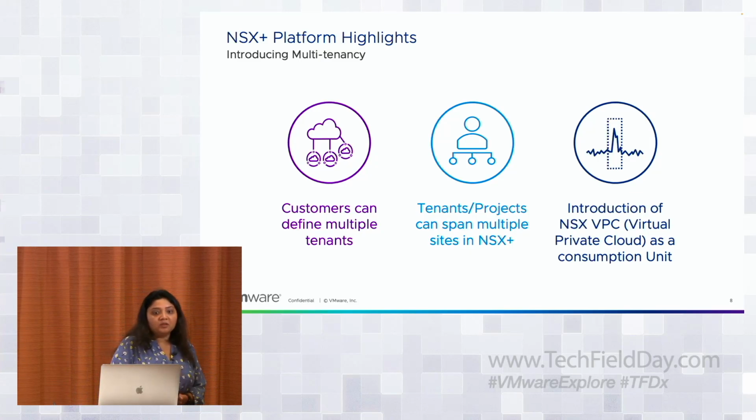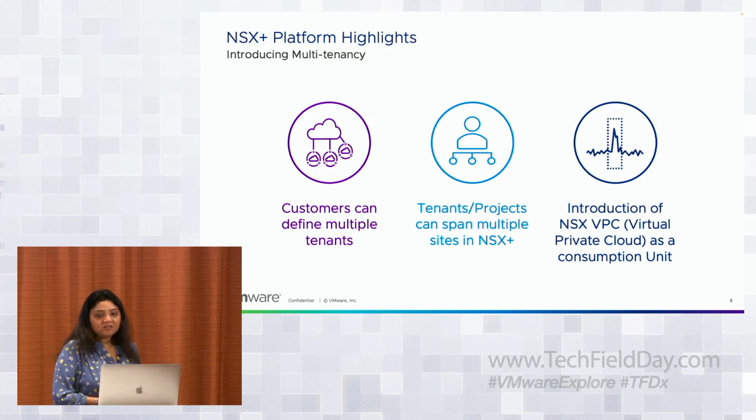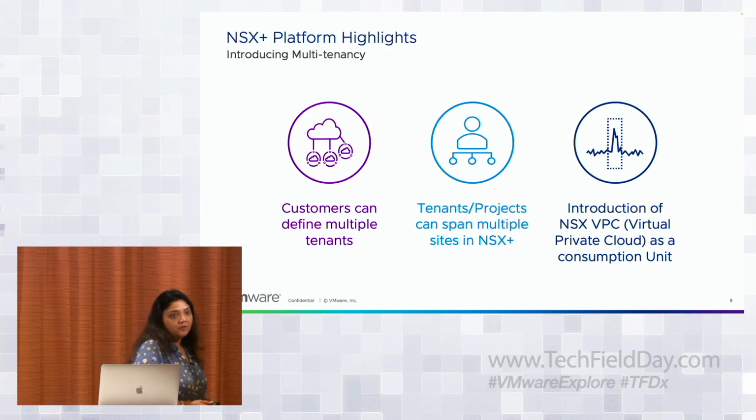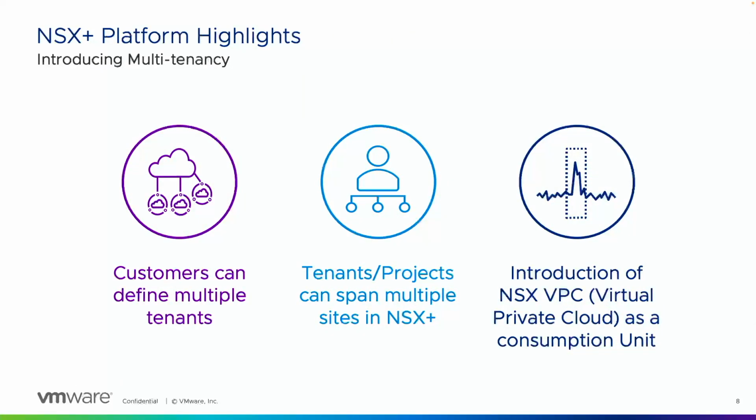So for the multi-tenancy model, we are launching 2 objects. The first construct we are launching to simplify multi-tenancy is called a project. A project is basically a tenant, and it can span multiple sites in NSX Plus. So that's the first innovation. The second innovation is that your lines of businesses may not be experts at NSX. They may not understand what a tier 0 is, what a tier 1 is, what a logical segment is.